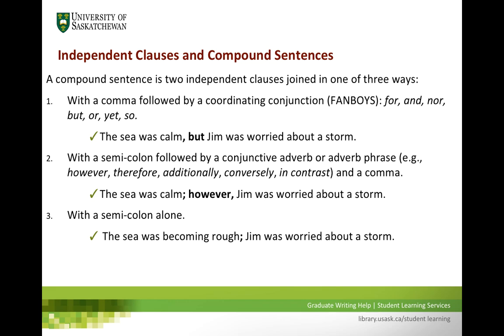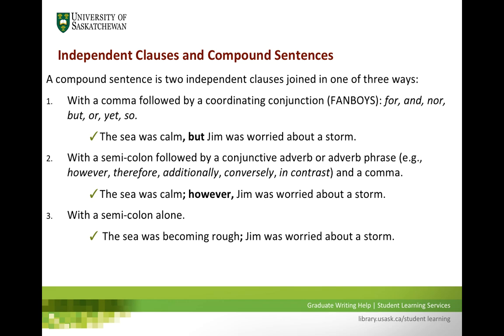And the mnemonic I use for the 7 coordinating conjunctions is fanboys. So for, and, nor, but, or, yet, so. If you can remember the mnemonic fanboys, you'll remember all 7 coordinating conjunctions. And when you join 2 independent clauses with a fanboy, you need a comma before the fanboy.